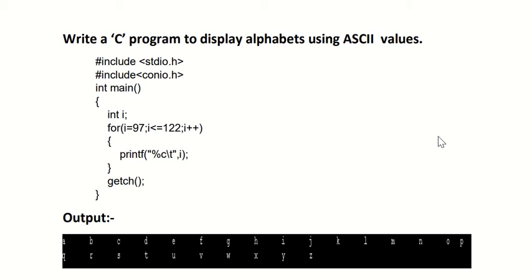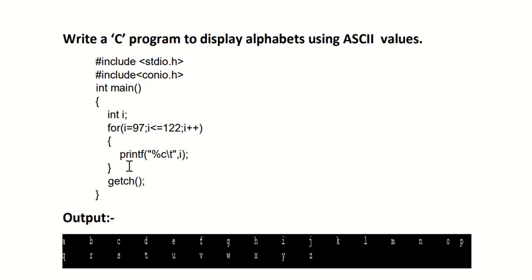#include <stdio.h>, #include <conio.h>, and then the integer main function. But as in this program I have used getch, do not write integer, because when you write integer, you compulsorily have to write a return statement.